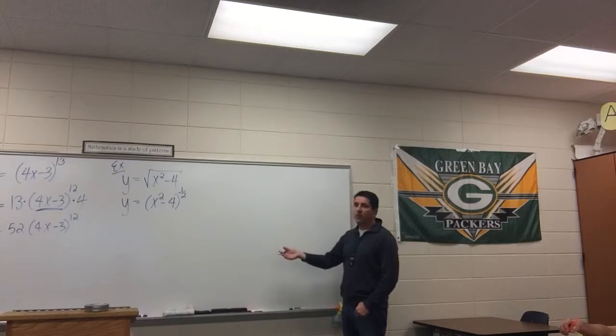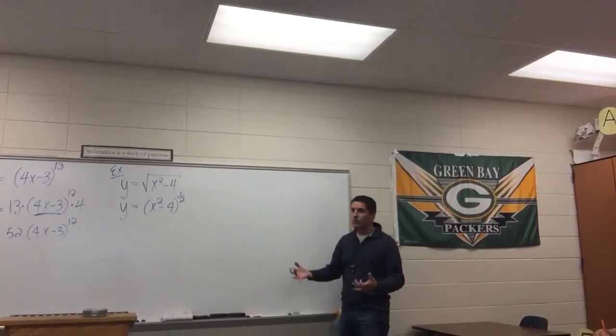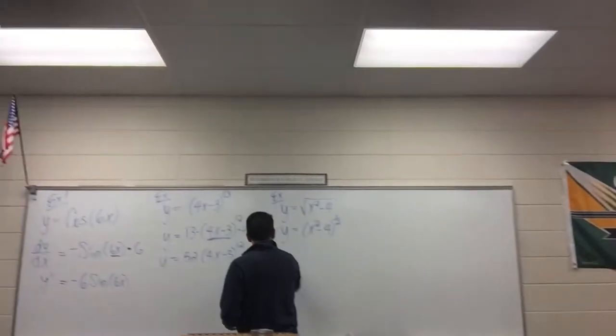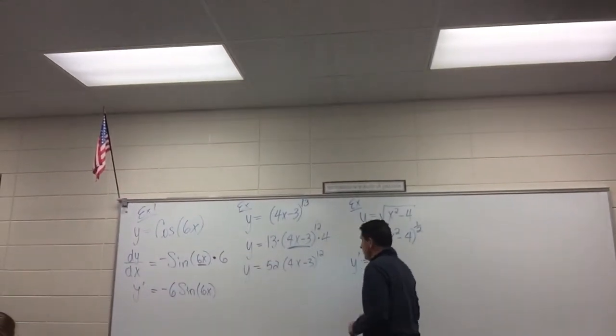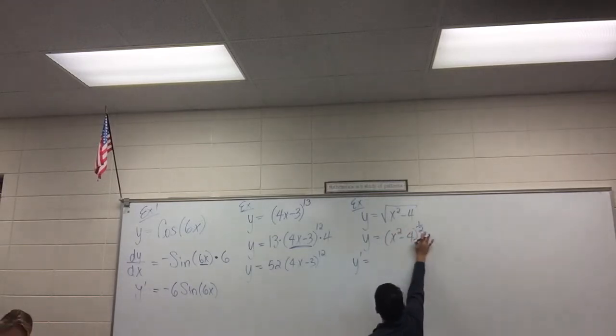And now it's in the form of something to the 1/2 power, which matches the power rule. So the derivative, y prime, we handle like a power rule where we've got this thing to the 1/2.